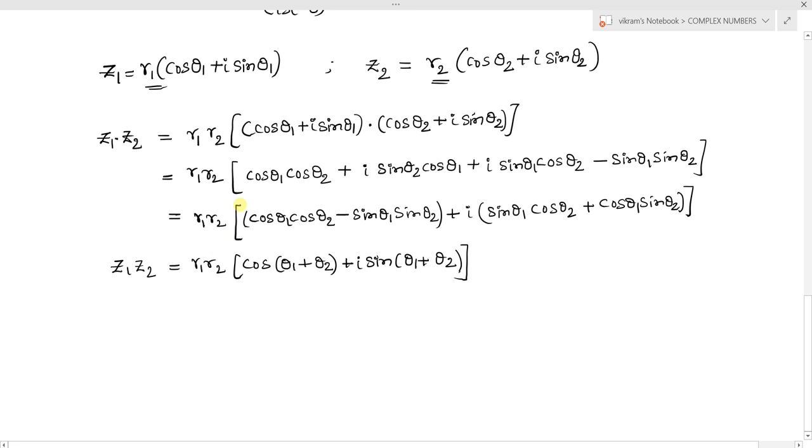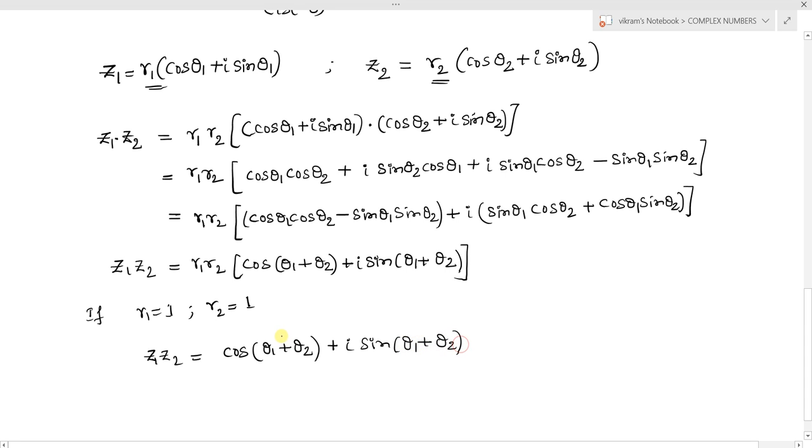If r1 equals 1 and r2 equals 1, that is, the moduli of both complex numbers are 1, then z1 into z2 equals cos of theta 1 plus theta 2 plus i times sin of theta 1 plus theta 2.